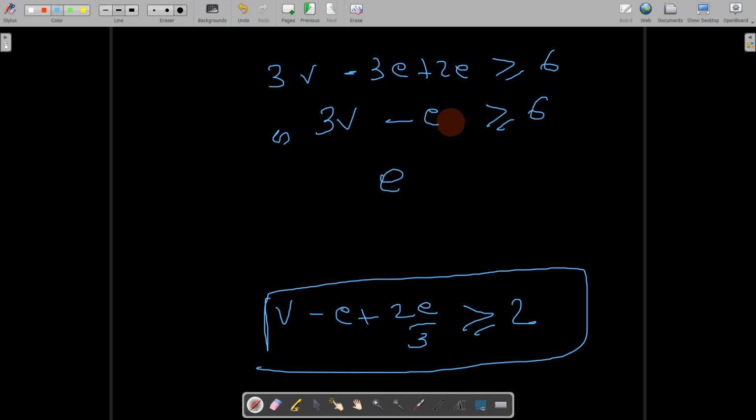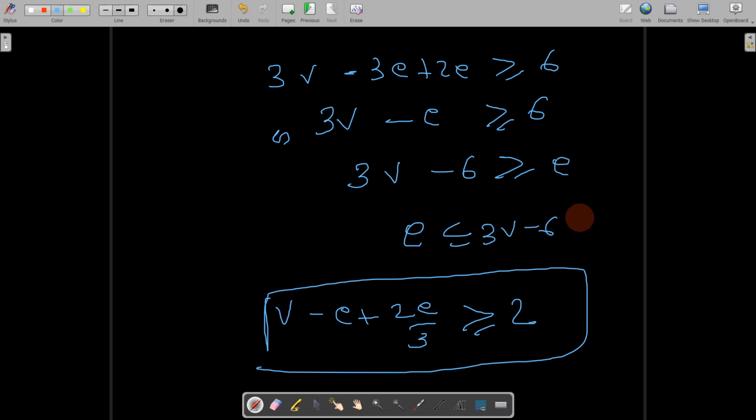So this side would be 3v minus 6 is greater than or equal to e, or e less than or equal to 3v minus 6. Okay, all right.